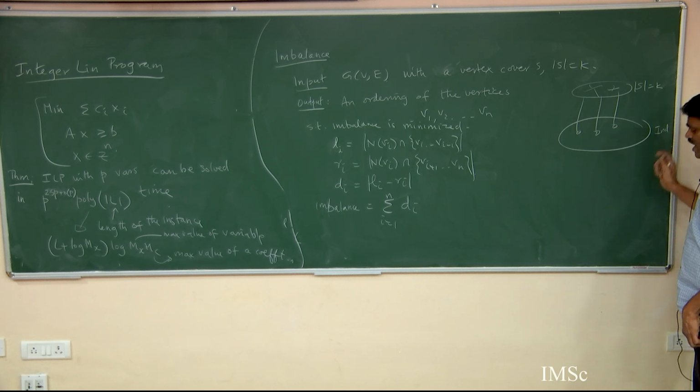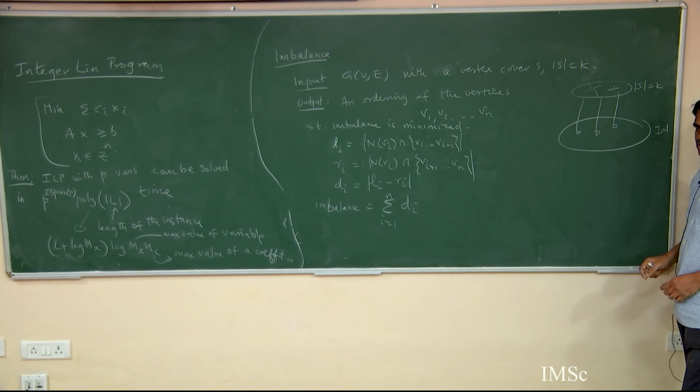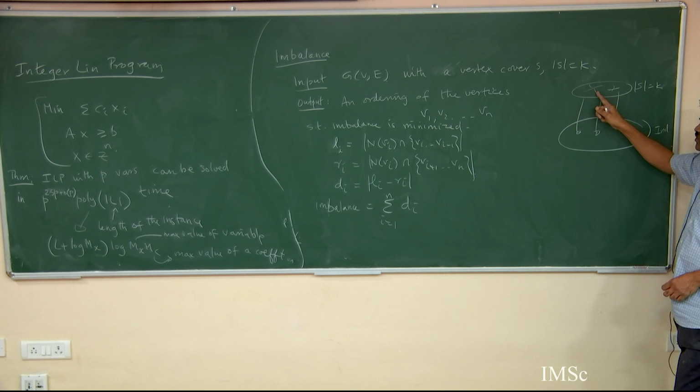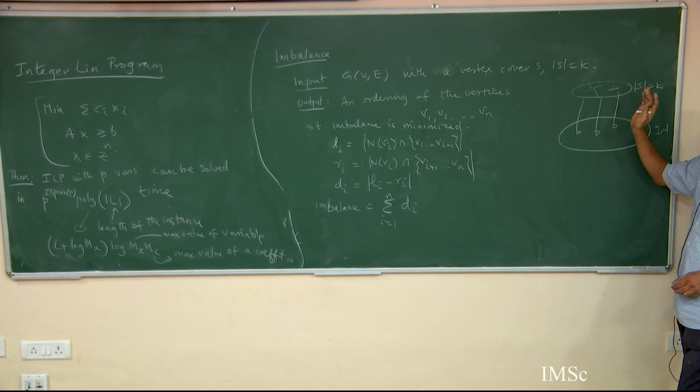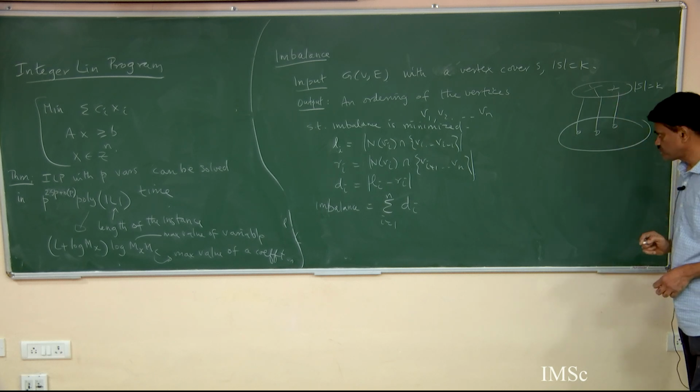So, in other words, I have to place every vertex somewhere. So let us first assume that these vertices are correctly fixed, and I have to pay a cost of k factorial for that.